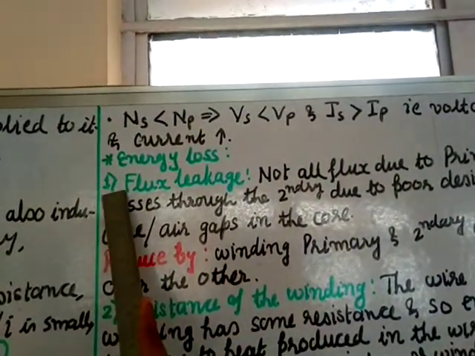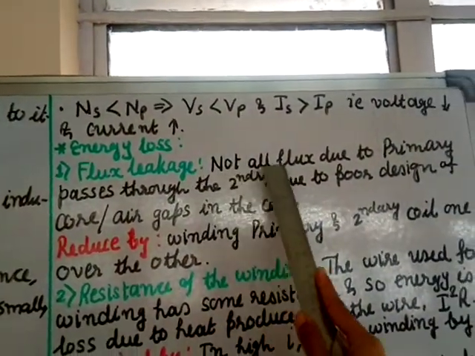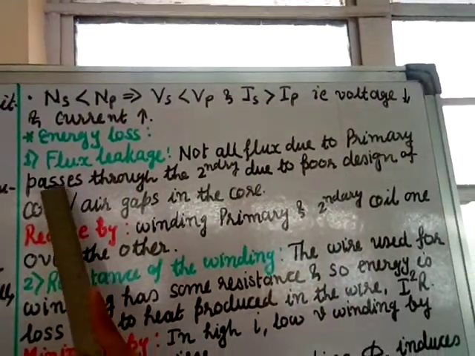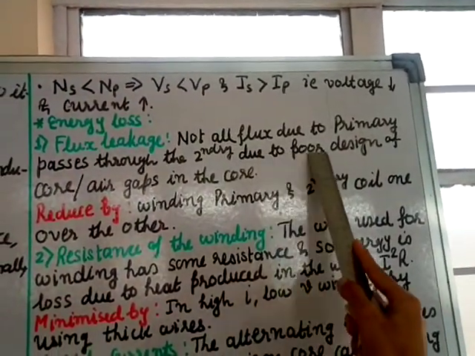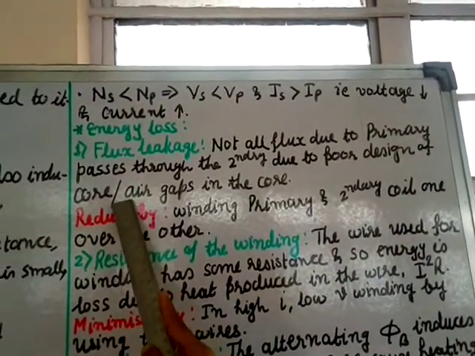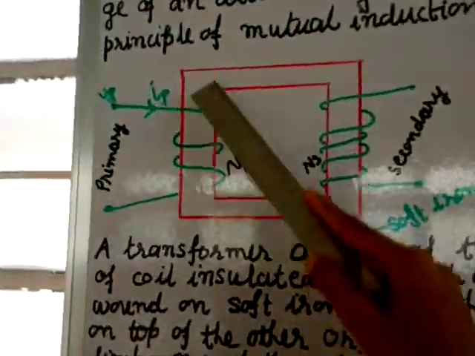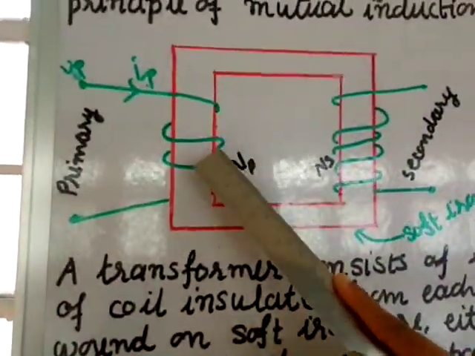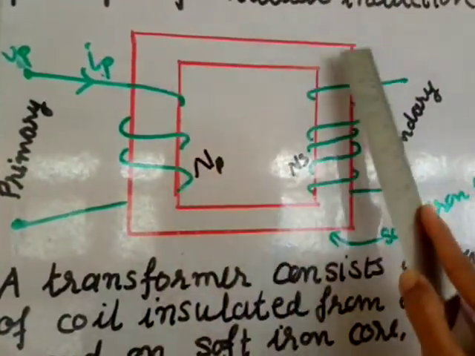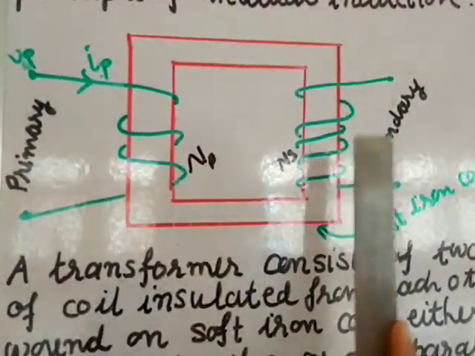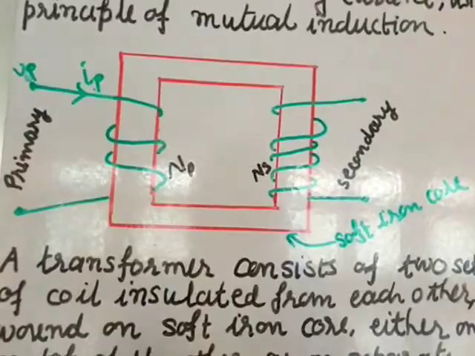Energy loss number 1, flux leakage. Not all flux due to the primary passes through the secondary, due to poor design of the core or air gap in the core. Now we had assumed that the flux which is produced here will pass through this coil and will link both the coils. It will not get lost. That was our assumption, but it is not possible.